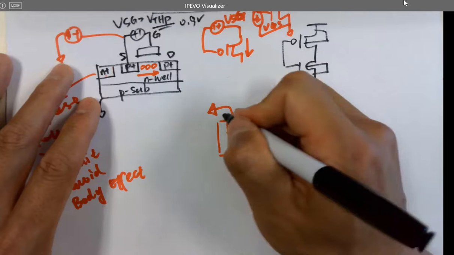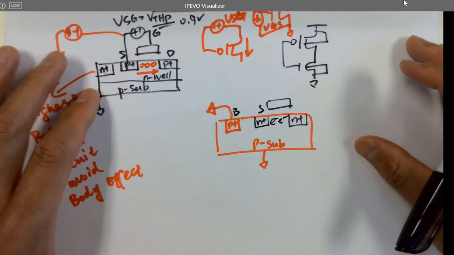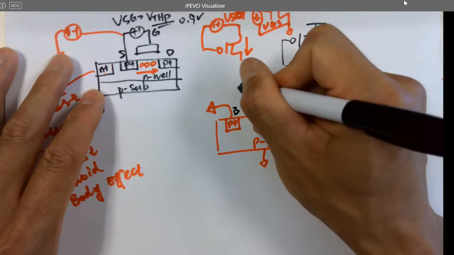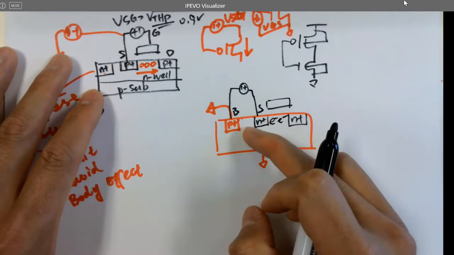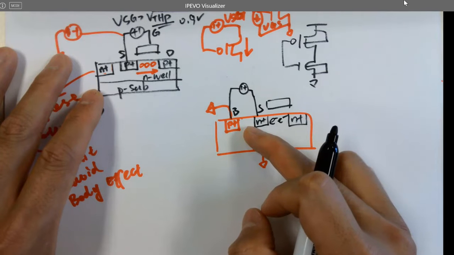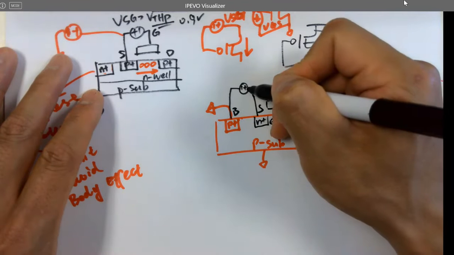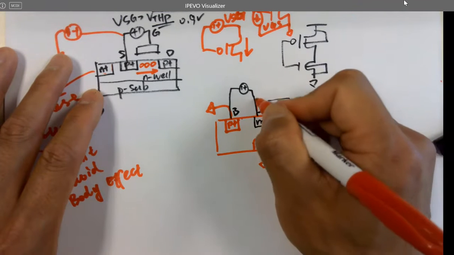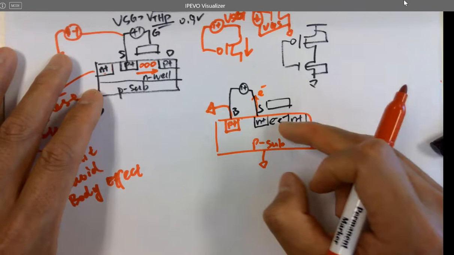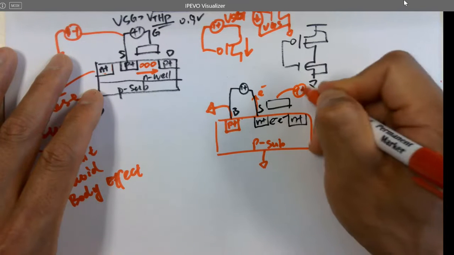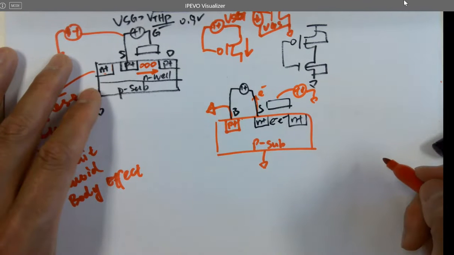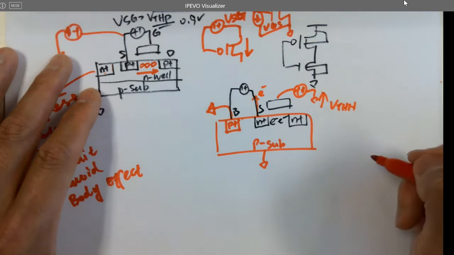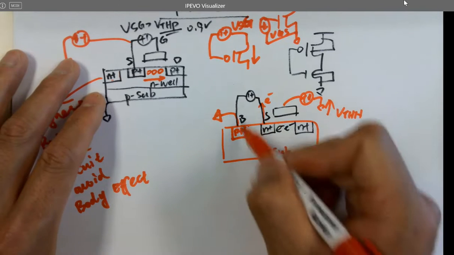So this is S, and this is body, B. If the source and B have a potential difference, then this positive voltage is going to attract some of the electrons, so the channel loses electrons. It's going to require more effort to turn it on, so this increases VTHN. That's how the body effect works for the NMOS.